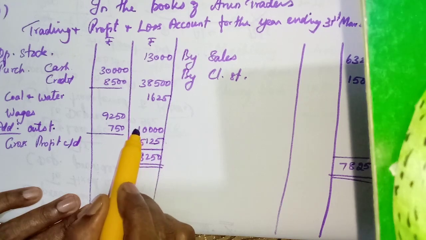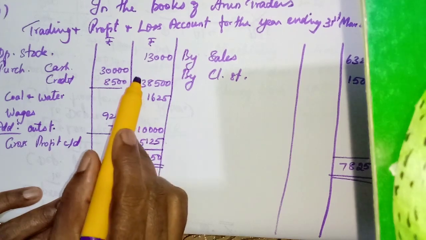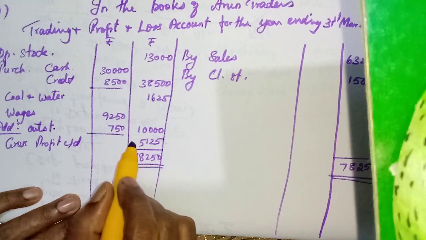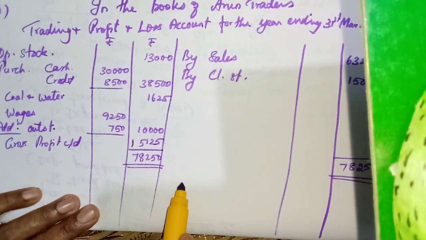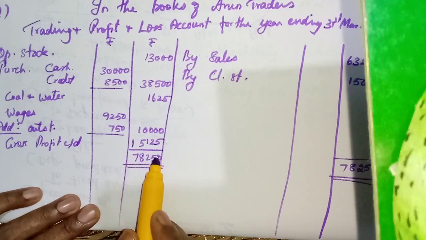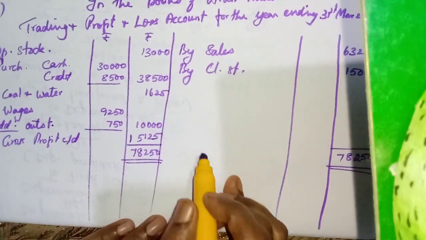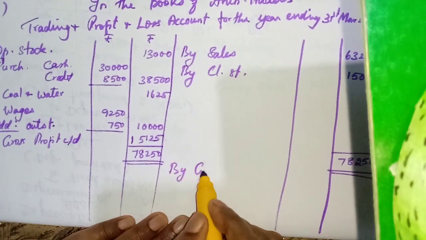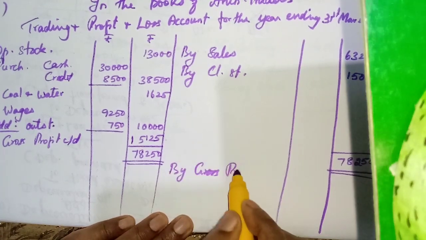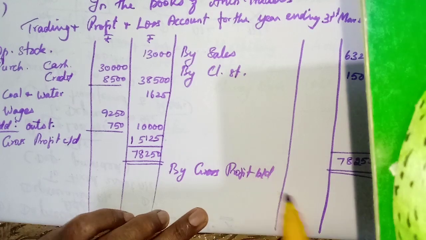Balance 1. 2, 2 plus 3, 5, 5 plus 1, 6, 6 plus 1, 7. So 15,125. That we will write here. By gross profit brought down.